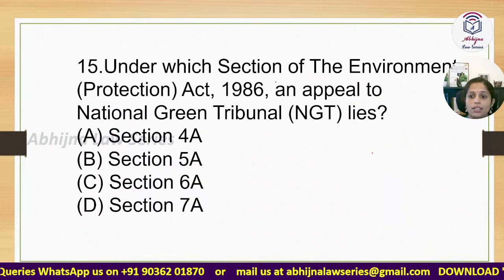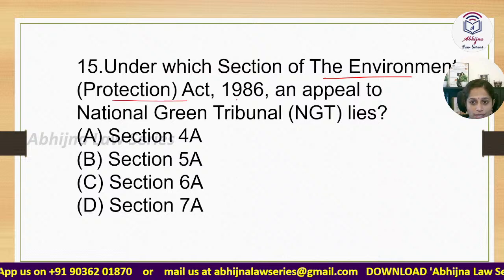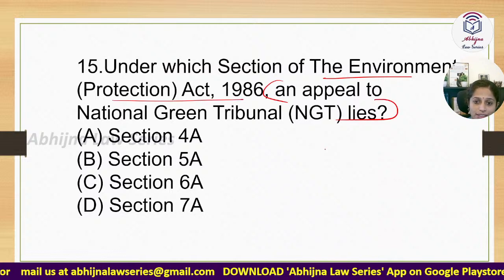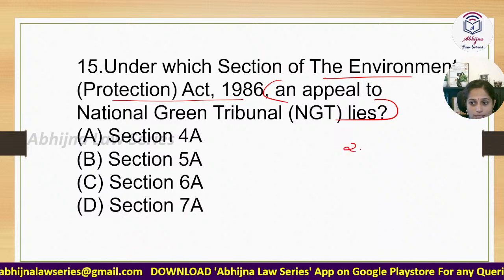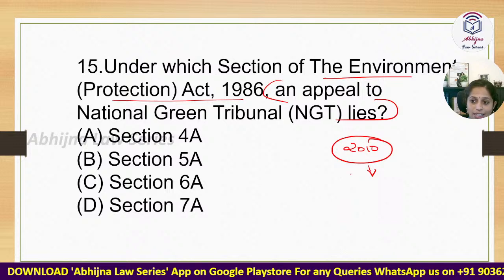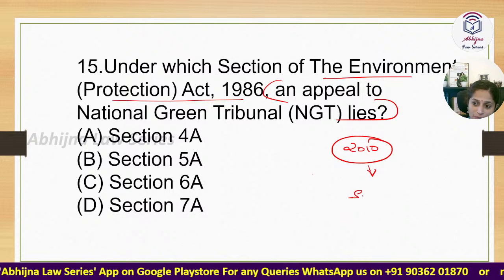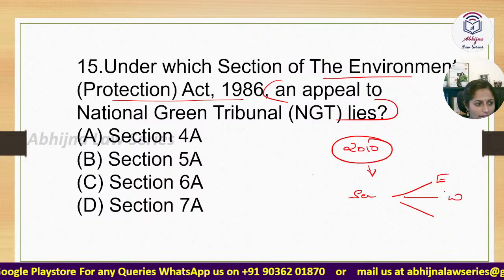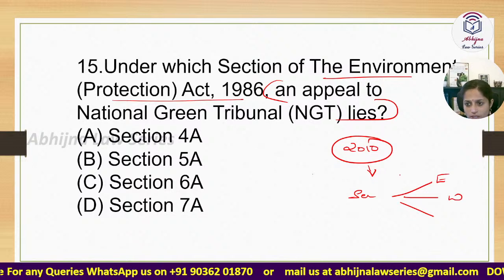Next one, under which section of the Environment Protection Act of 1986 does an appeal to NGT lie? The National Green Tribunal Act was passed in 2010, and in the same act we can see that this enactment has made several changes in various acts. Okay, Environment Act, Water Act, in various acts it has made certain changes.